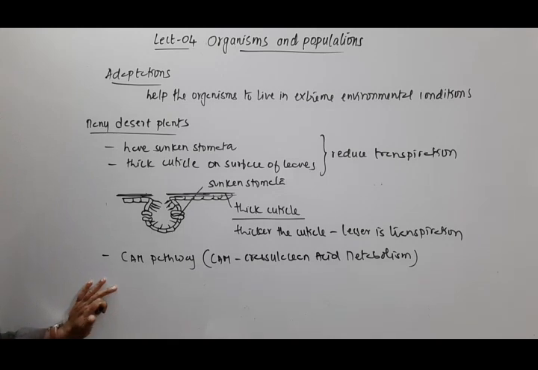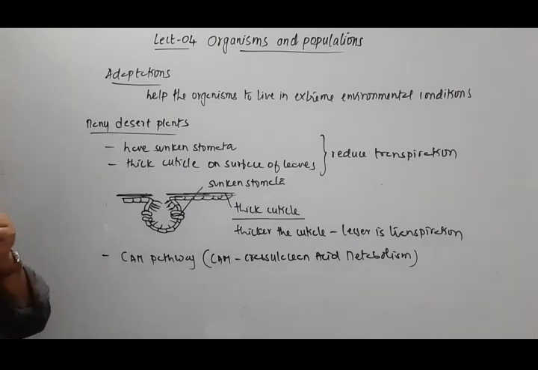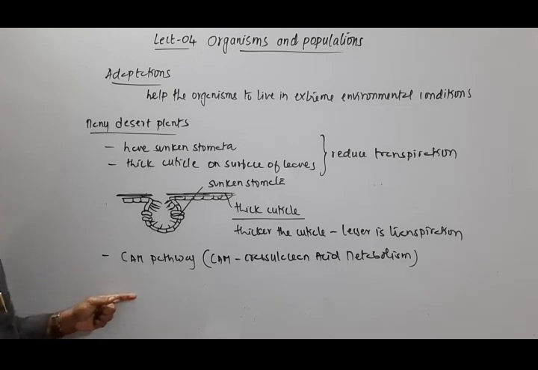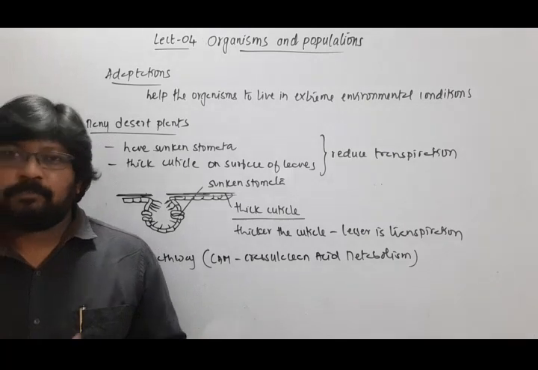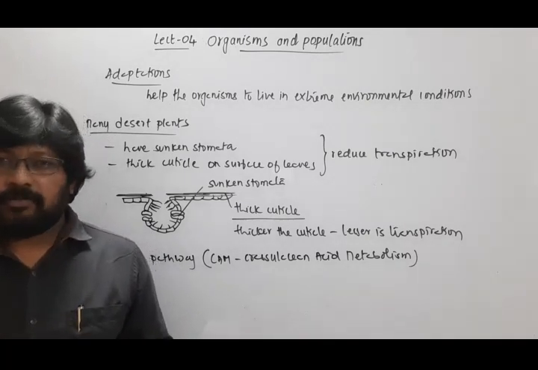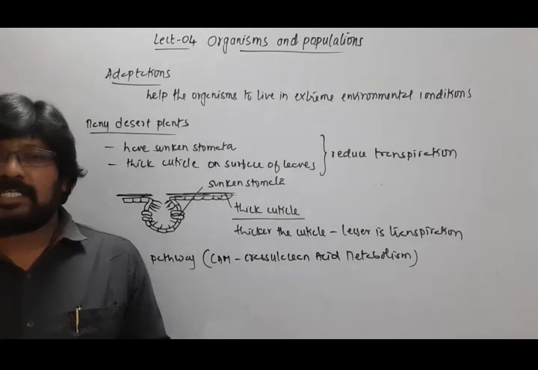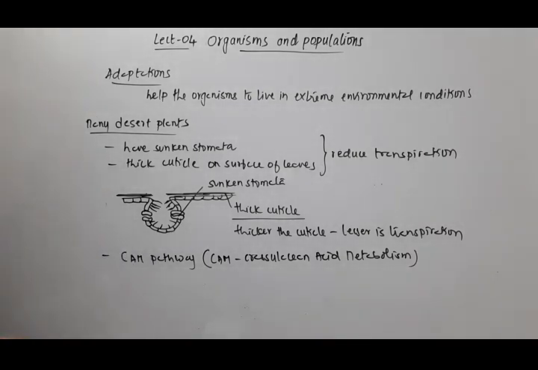We know that stomata are responsible for transpiration, and every drop of water in the desert is very important. So desert plants keep their stomata closed during daytime and open them during night time when transpiration is very little. It's not that transpiration does not take place at night, but it is much less compared with daytime, especially in deserts.